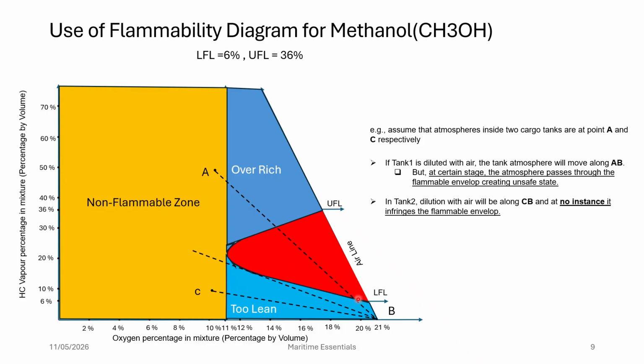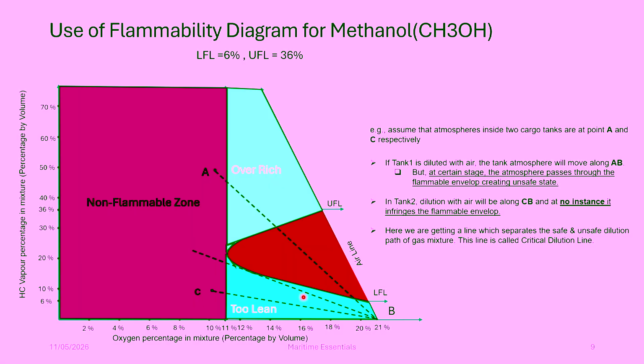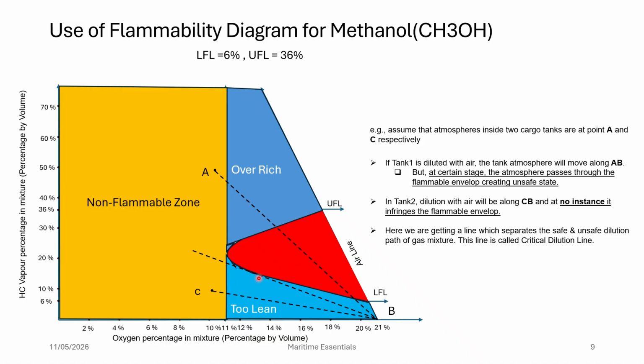Now from this picture, let's draw a tangent from B to the edge of this ellipse, and we get a line. This line is called the critical dilution line. It separates the safe and unsafe dilution paths of the gas mixture.